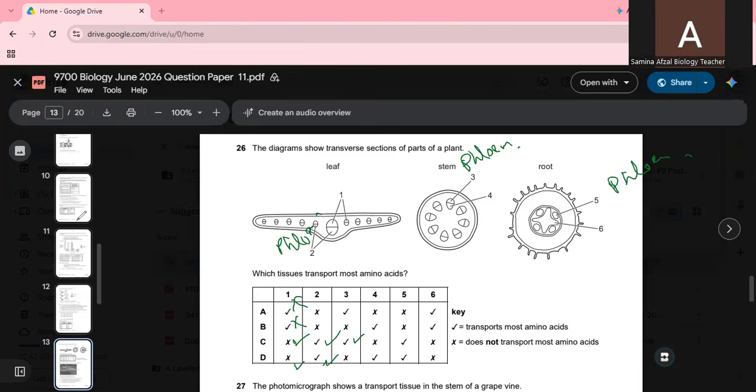Then number 4 is xylem, it will not transport. Number 5 will transport, whereas 6 is xylem, it will not transport. So according to this, this sequence is correct. So C is the correct option.